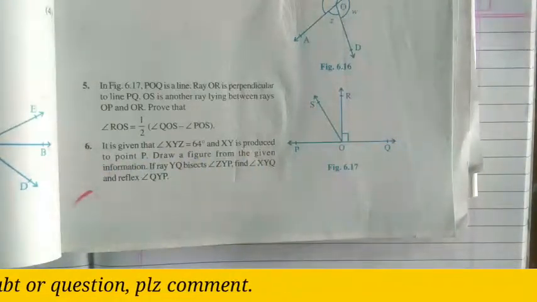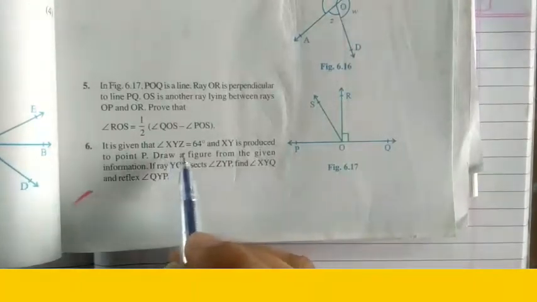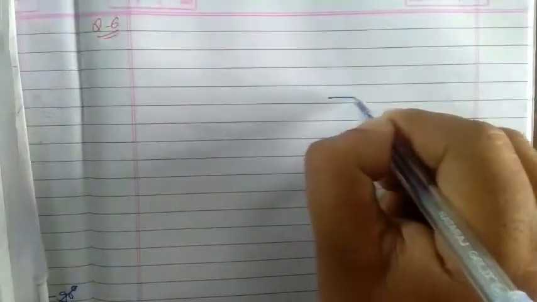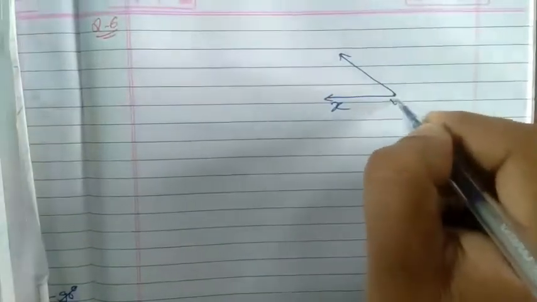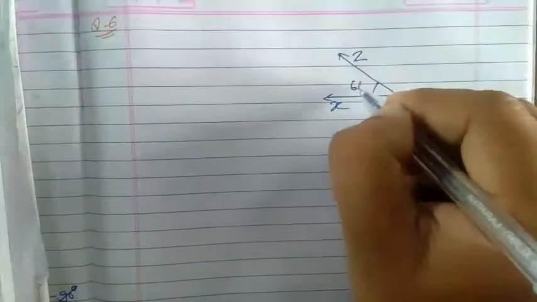So first, let us draw a figure. First one, angle XYZ is equal to 64 degrees.